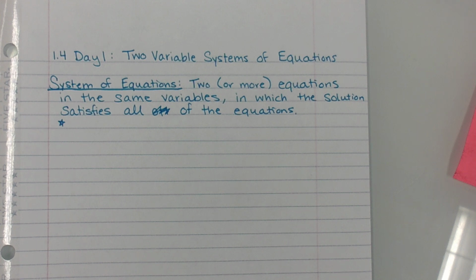If you want to solve a single equation, it better only have 1 variable. If you want to solve 2 variables, you have to have at minimum 2 equations. On Wednesday, we're going to be getting into 3 variable systems of equations, which are going to have 3 equations involved in them.